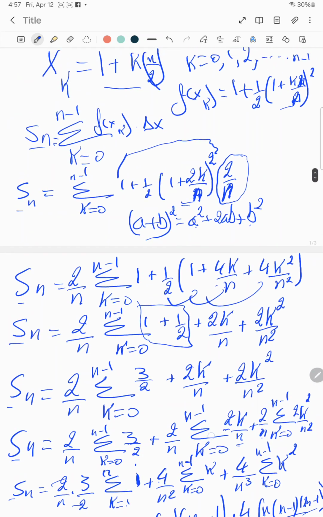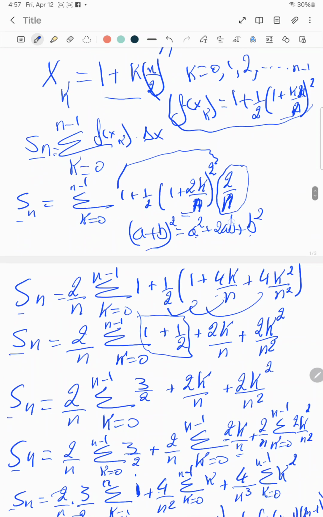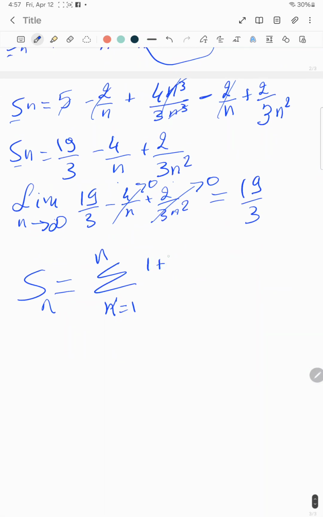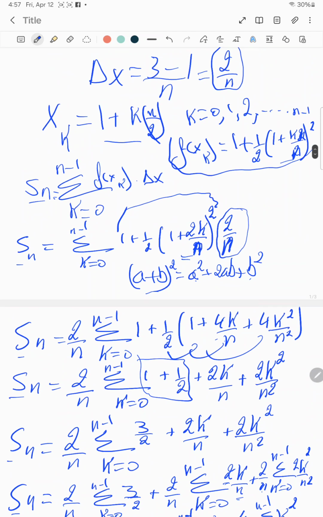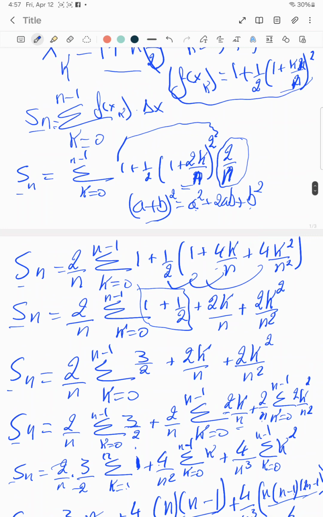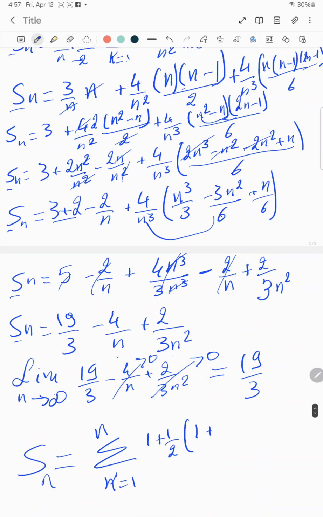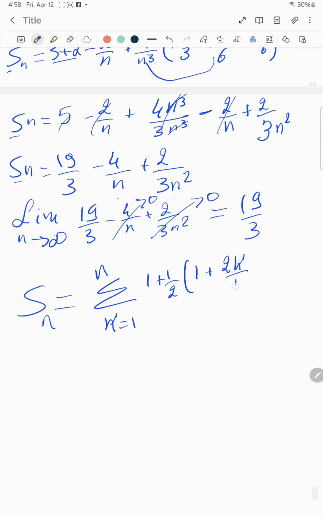But we know f of x, we just calculated here, that's the f of x, 1 plus 1 half with x squared, but instead of x squared, I will put 1 plus 2k divided by n, plus 2k divided by n squared, and my delta x is always 2 over n.